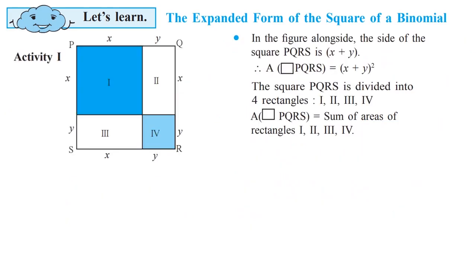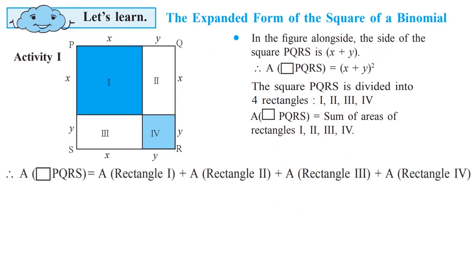So now students, therefore area of square PQRS is equal to area of rectangle 1 plus area of rectangle 2 plus area of rectangle 3 plus area of rectangle 4. So here we'll write x plus y the whole square is equal to x square plus xy plus xy plus y square, right?